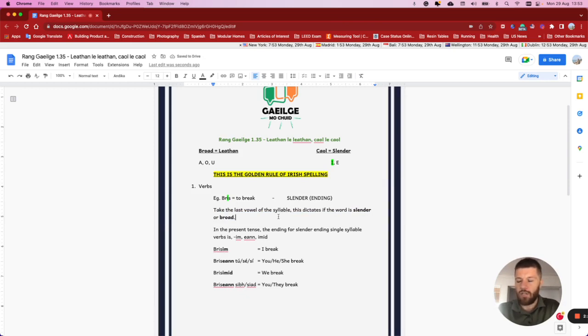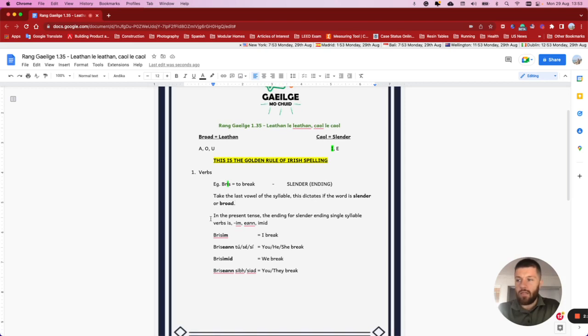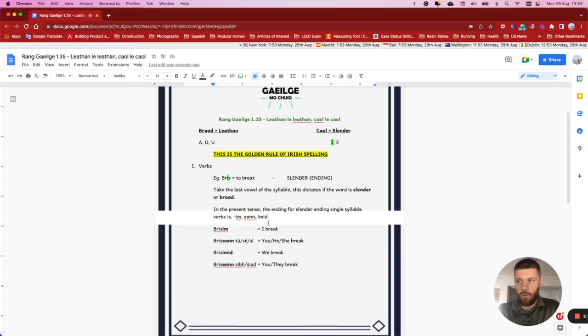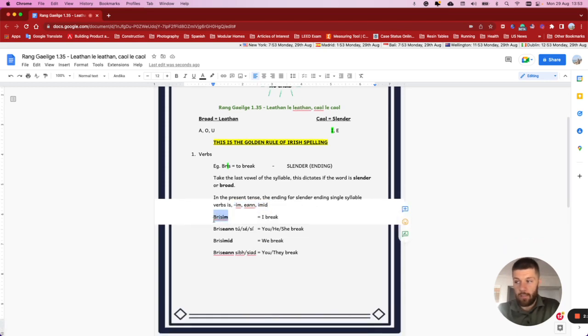In the present tense, the endings for slender ending single syllable verbs are im, eann, and imid. Brisk stays the same, bris, but you must add im, which is brisim. So I break is brisim. Briseann tú, briseann sé, briseann sí, with an eann.